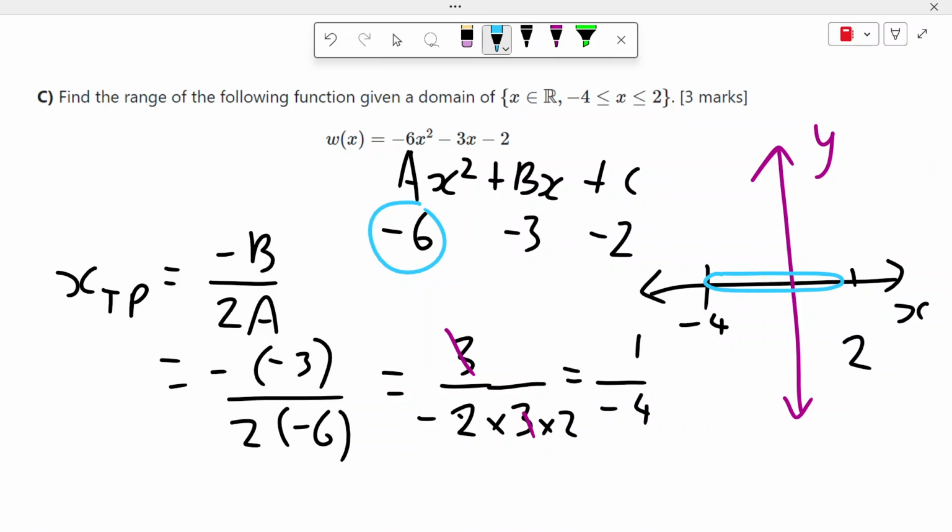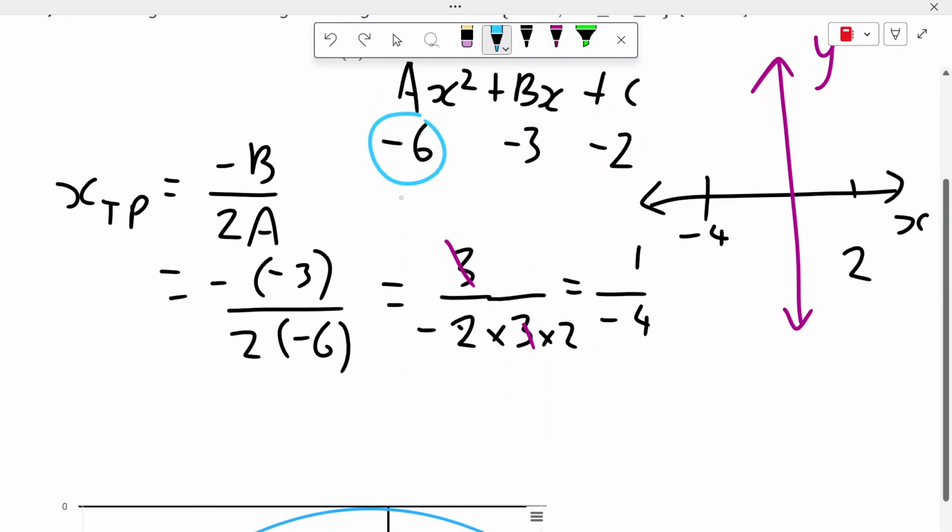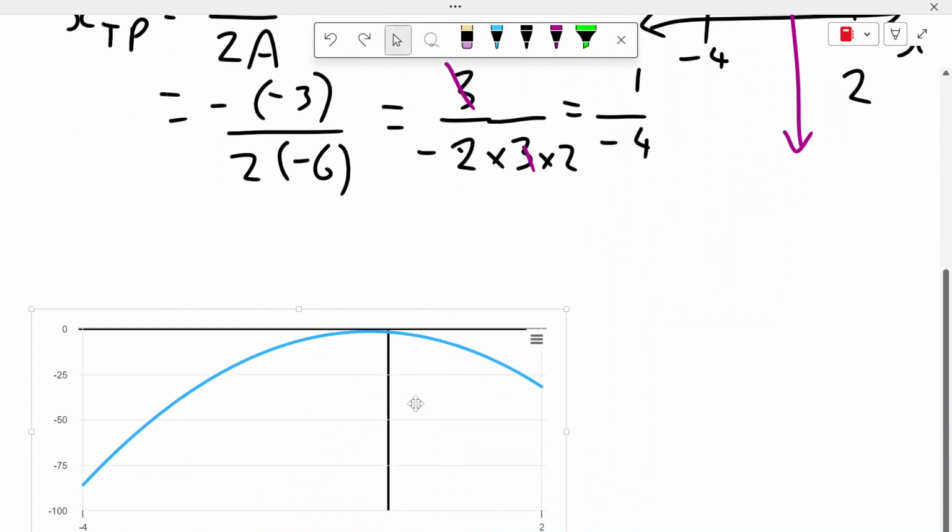So we've got to not only think about, if it's something else that does this, we only need these points. But our guy is kind of falling in here like this. So we need to know what that point is. So let's substitute it back in and find out what the value of y is at the turning point. Okay, so I'll just move this one out of the way.